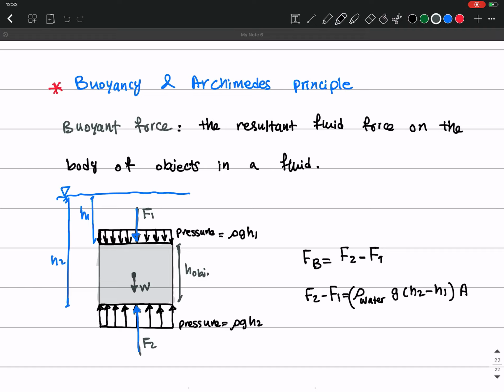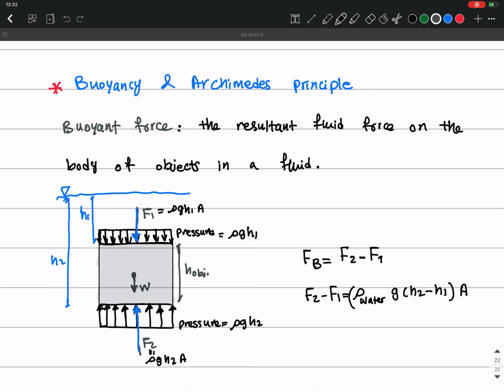So this F2 is going to be rho g h2 times area, and F1 equals rho g h1 times area. So this is going to be F2 minus F1.